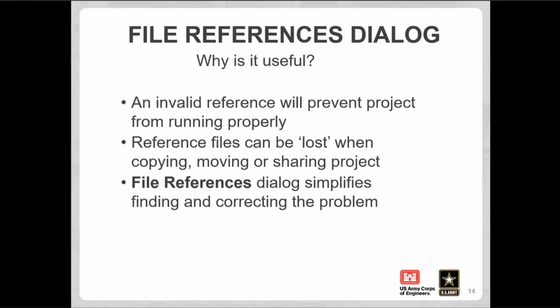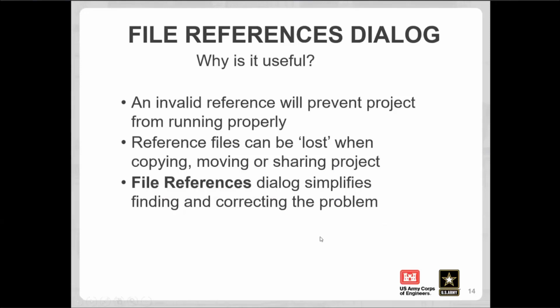So why do we think this is really cool? Often when we were asked to troubleshoot a model, sometimes a file was not included or it would get lost in the process of copying, zipping, emailing, and all that. And we'd get an error or the project just wouldn't run and it wasn't obvious what the problem was.